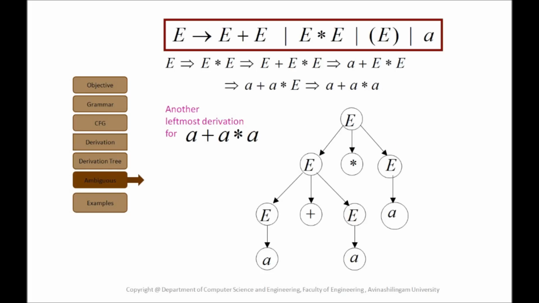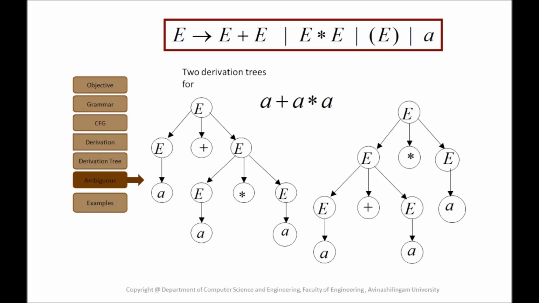We can have one more leftmost derivation for the same string. If we start from E tends to E star E, we have to replace the first E by E plus E. So we have E plus E star E. Now we substitute A for E, so A plus E star E, again A for E, so A plus A star E. Again if you substitute A for E, then it becomes A plus A star A. So this is one more derivation tree for the same string.